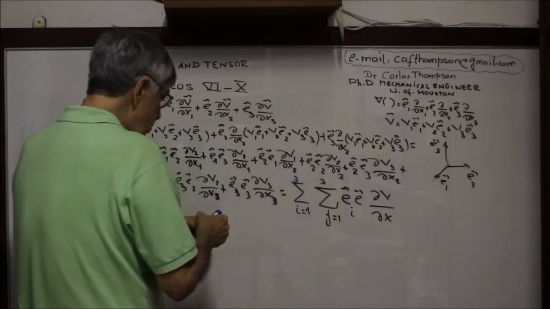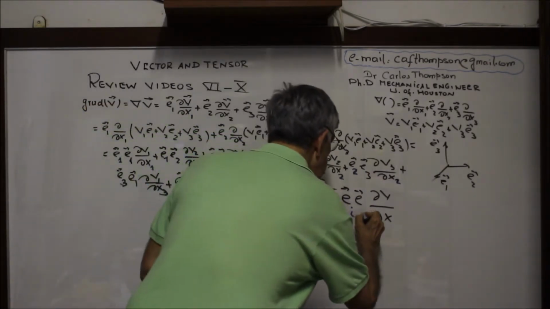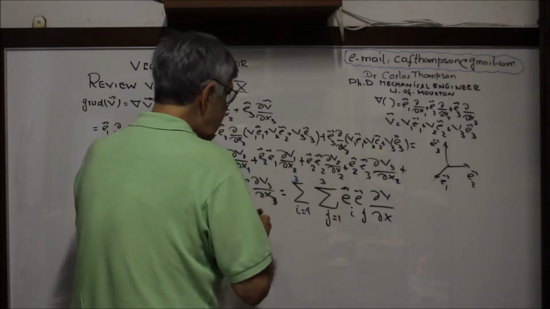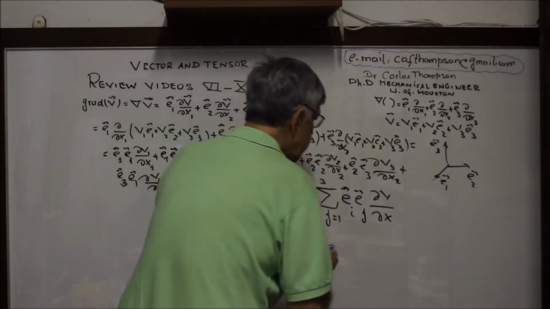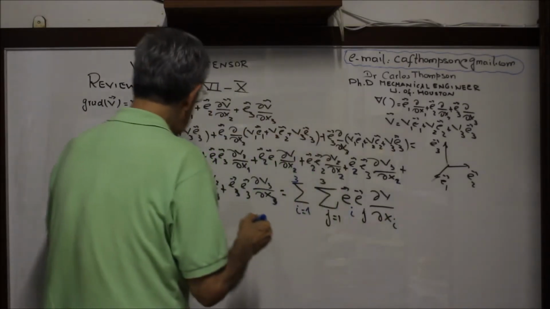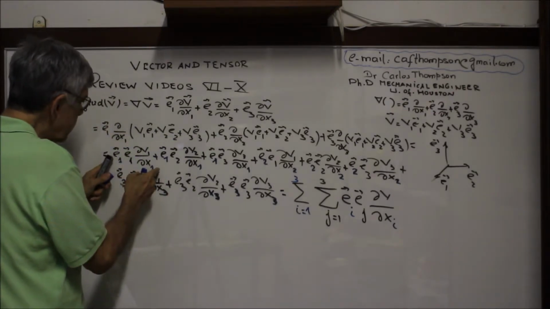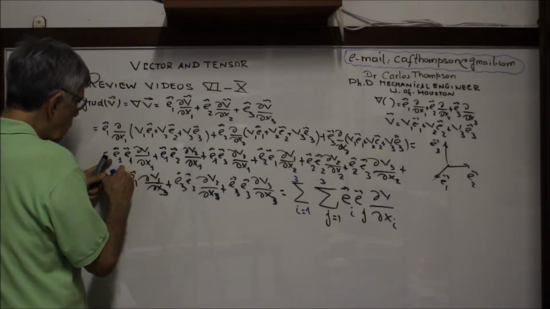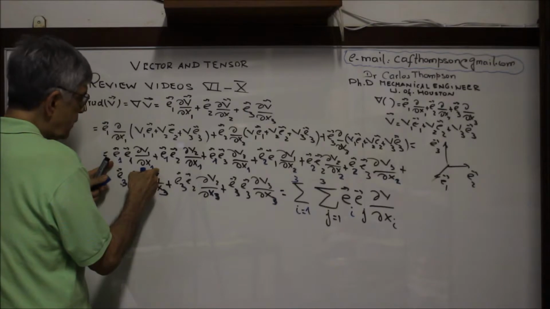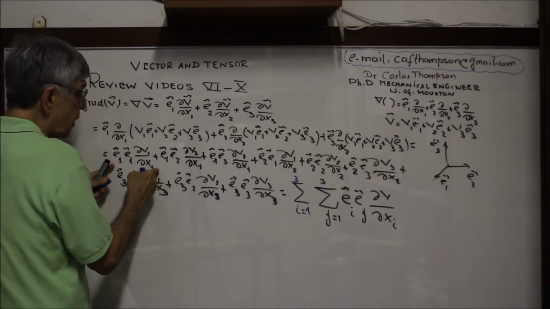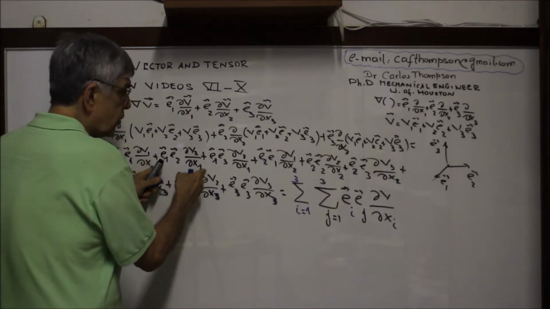So I can write here j. You see, this is i over here, i over here. See, when here is 1, this is partial of x1.